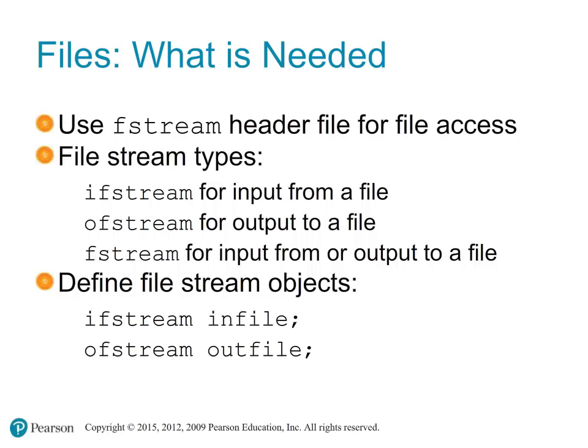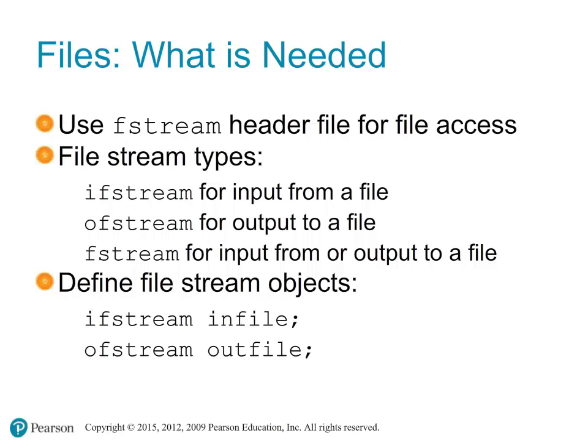The fstream header file provides functionality for file operations. It offers classes to handle file input and output operations. Ifstream stands for input file stream, used for reading data from files. For example, reading a list of names from a text file.